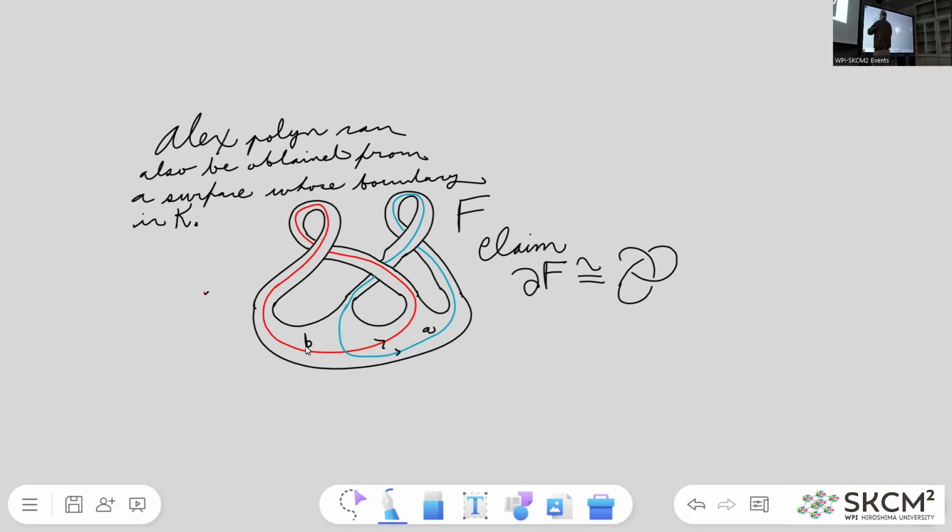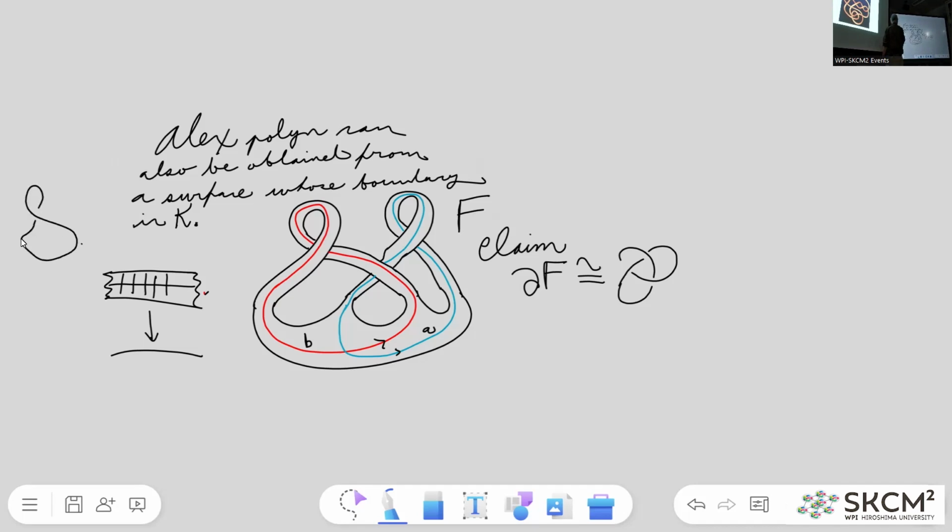If you think of a bit of band like this, and a curve going down through the middle of the band, then the band can be projected down to just the curve itself by retraction. Just push everybody along those lines down, and you end up retracting to the curve itself. In a similar way, the surface can be contracted until it really turns into, and it can be seen as, a neighborhood of these two curves that are intersecting.